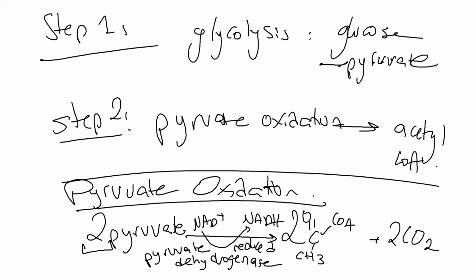Glycolysis happens in the cytoplasm, the citric acid cycle or Krebs cycle in the matrix, pyruvate oxidation in the matrix, and fermentation in the cytoplasm or the cytosol. Okay, this is mainly the reaction of pyruvate oxidation.